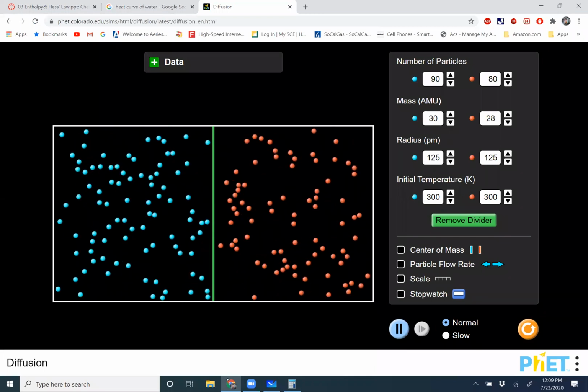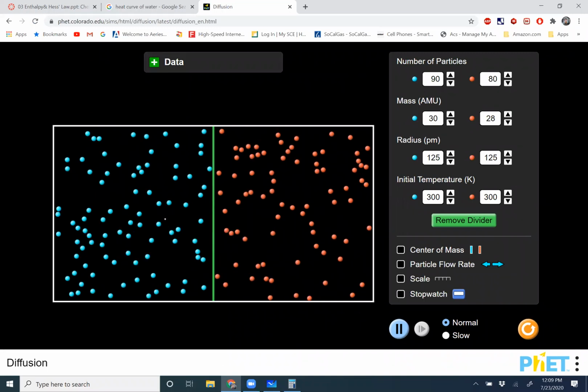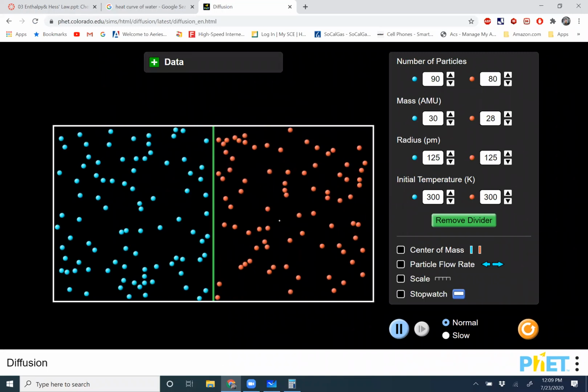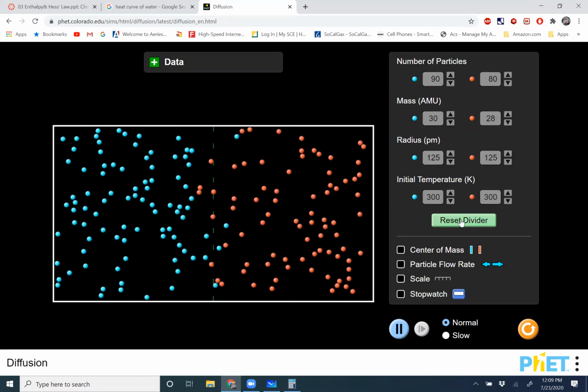As soon as we remove the divider, our order of green and our order of red will very quickly move to disorder.